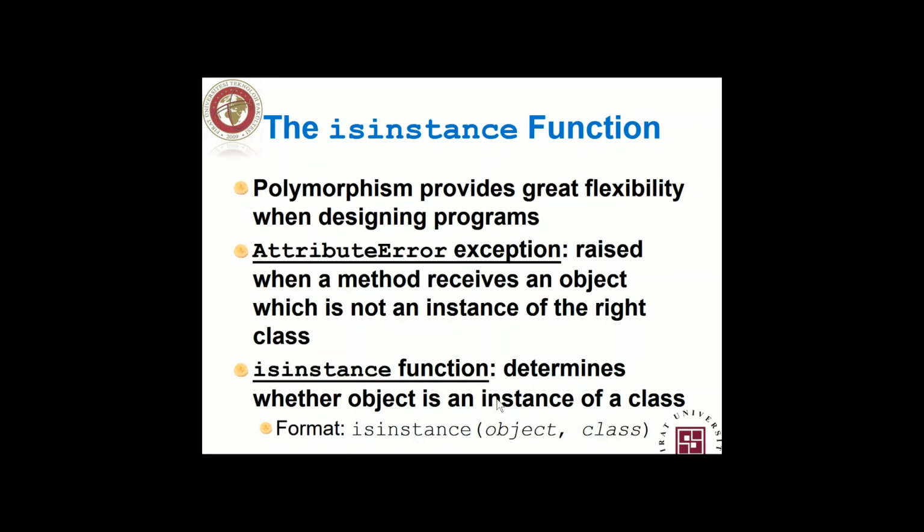So before applying any override or procedure to an object that you are not quite sure about its origin, which class it belongs to, you can apply isinstance. You provide your object and class name and see if it belongs to that class or not.